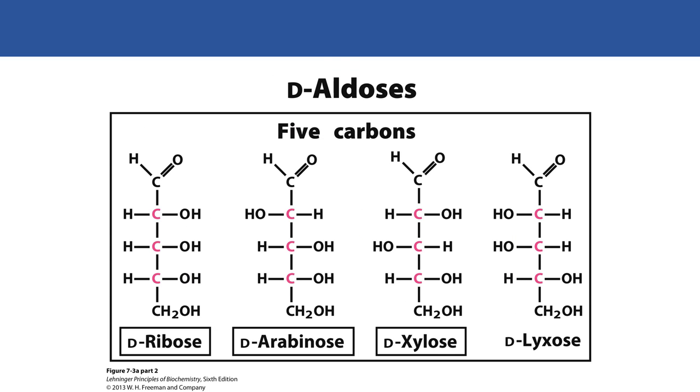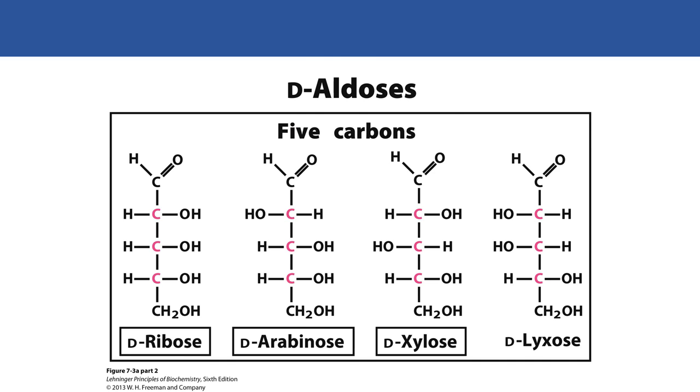Among the larger chain D-aldoses, you have ribose, arabinose, xylose, and lyxose. Those are all larger aldoses, and the sugars in the box are the most common in nature, and you'll probably encounter most of these. You'll see the left three, ribose, arabinose, and xylose, very commonly in nature.